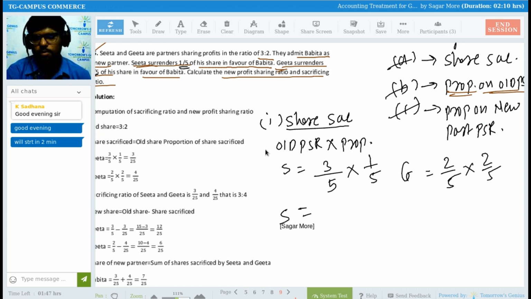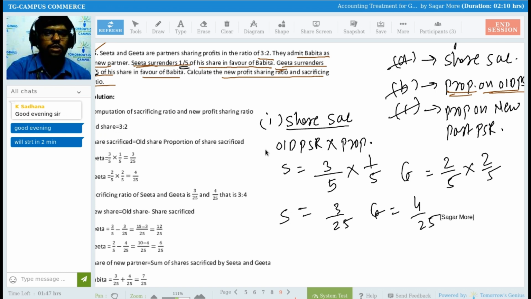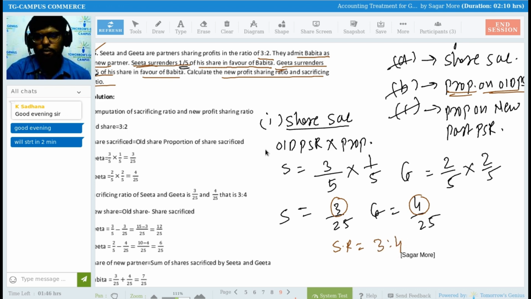For Sita, 3/25, and for Geeta, 4/25. And we know numerator of share sacrifice is my sacrifice ratio. So the answer is 3:4. So sacrifice ratio is 3:4.